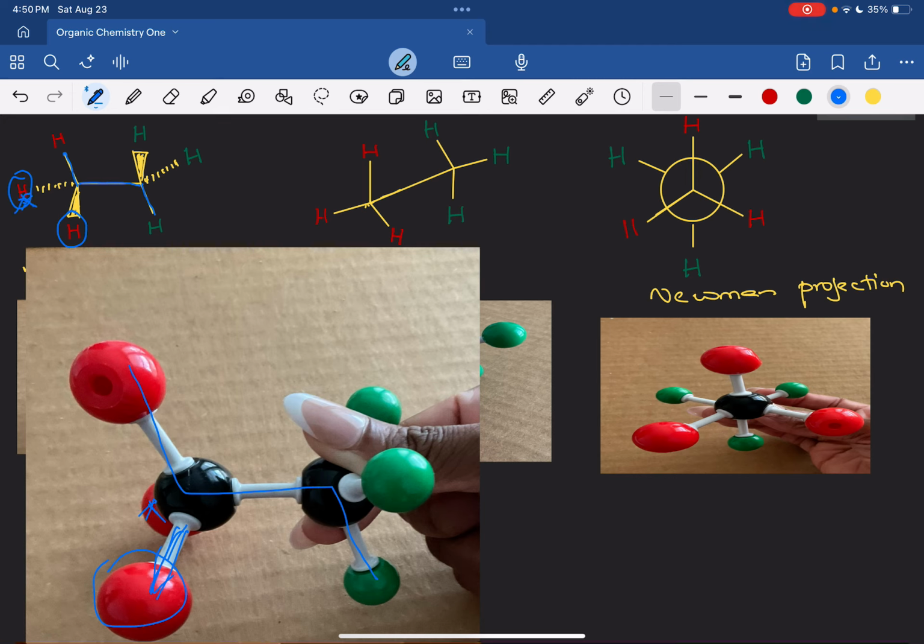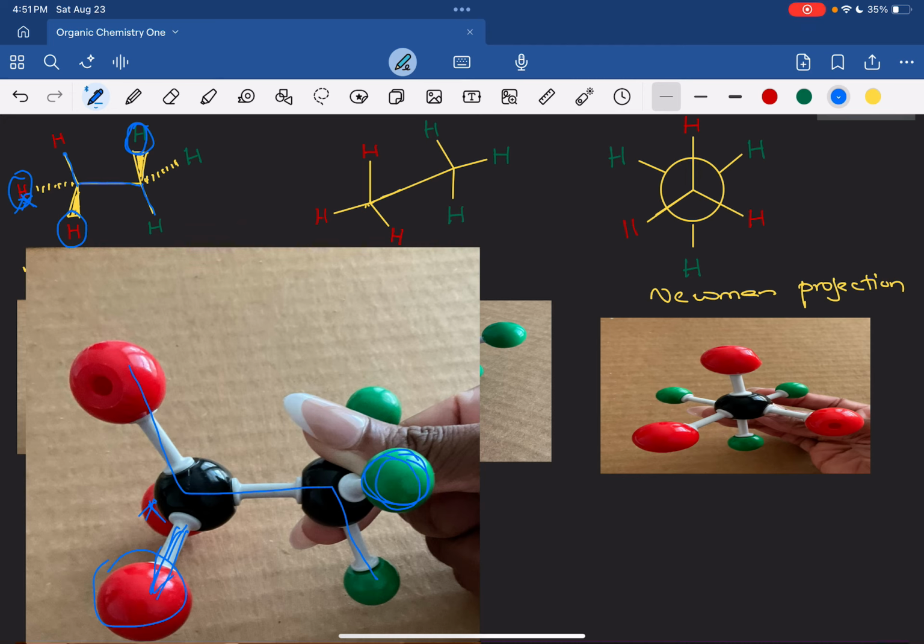Let's look at our green hydrogens. This green hydrogen is in the plane. It's not coming towards me or pointing away. Now, the hydrogen that is coming towards me or out of my device is this one. It's pointing towards you, and that's what the wedge does.